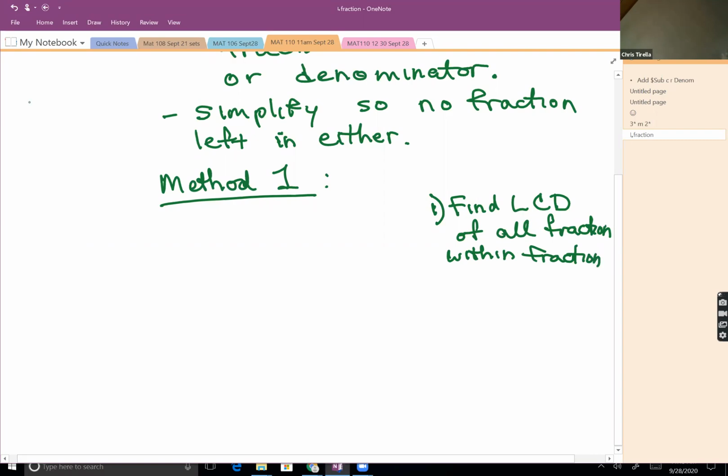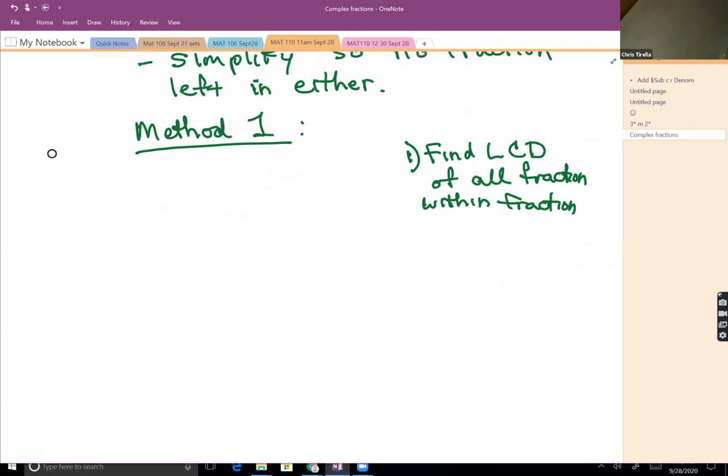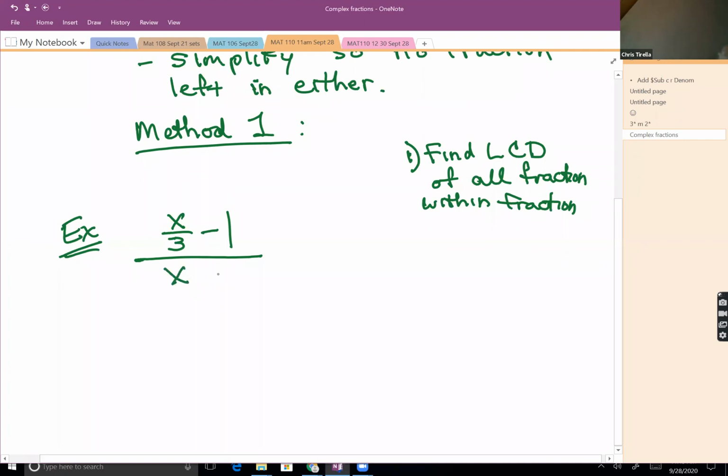So what does that mean? Let's look at an example. Let's say I have x over 3 minus 1 over x minus 3.